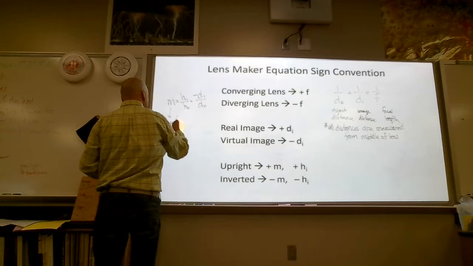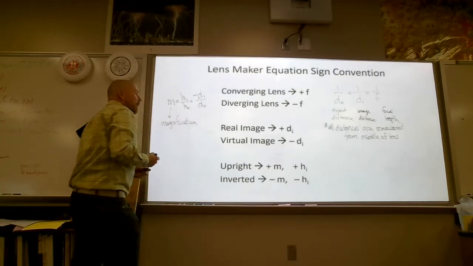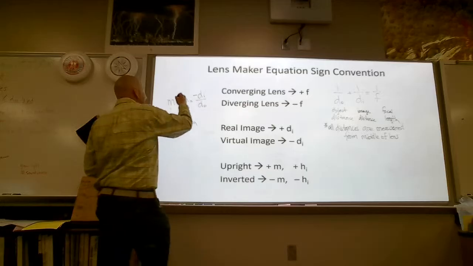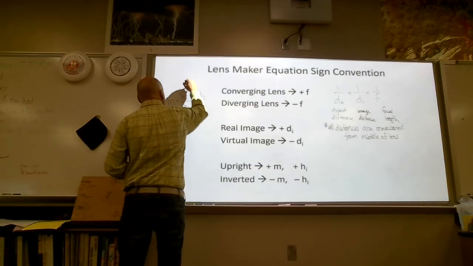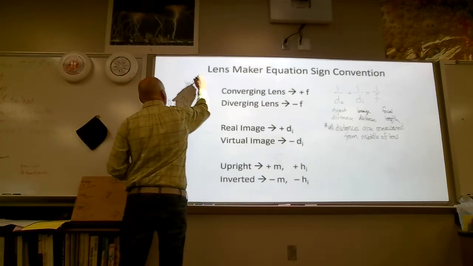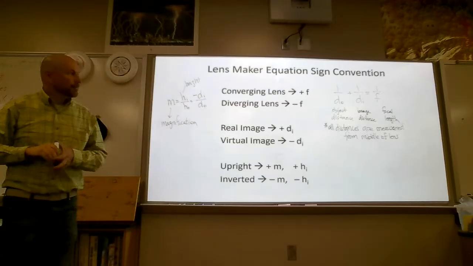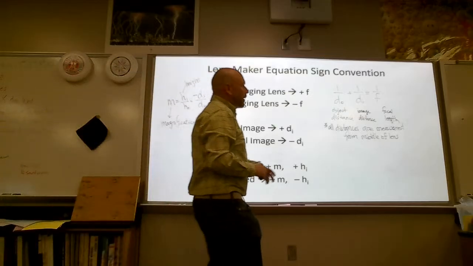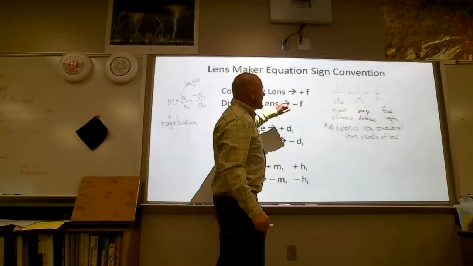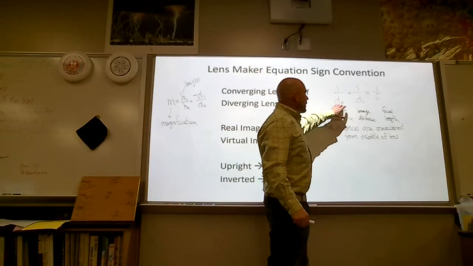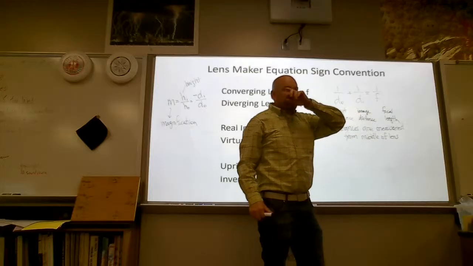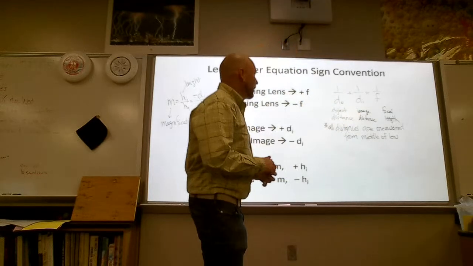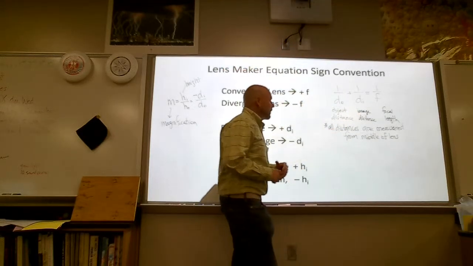Object distance DO, image distance DI, focal length F. All distances are measured from the middle of the lens.